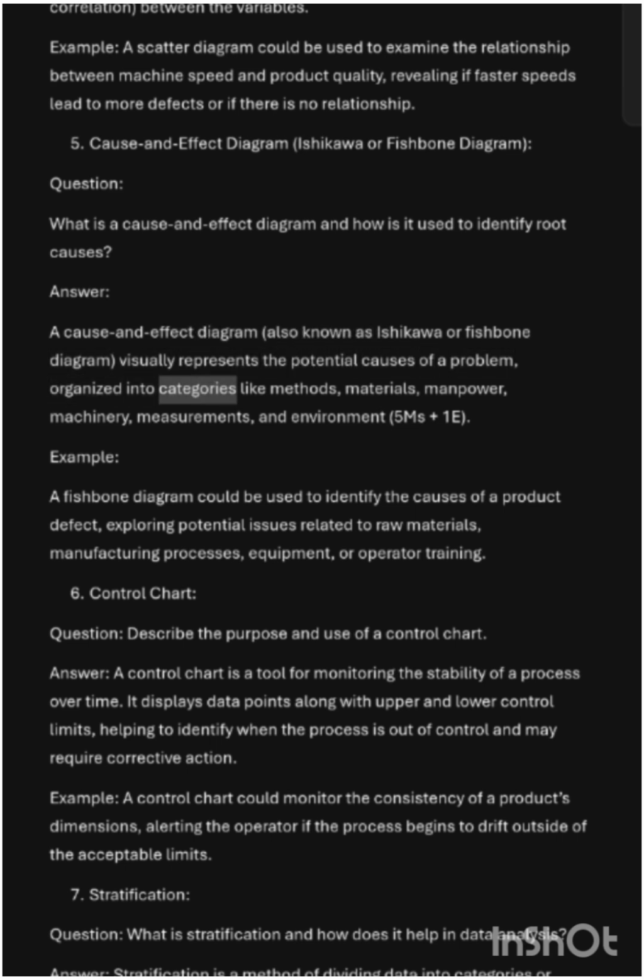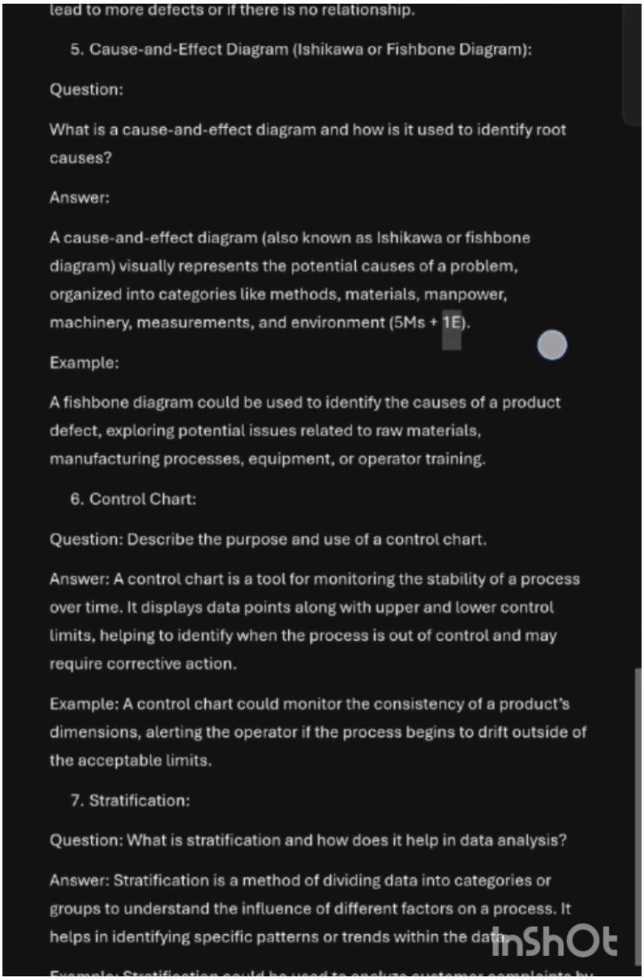Example: a fishbone diagram could be used to identify the causes of a product defect, exploring potential issues related to raw materials, manufacturing processes, equipment, or operator training.